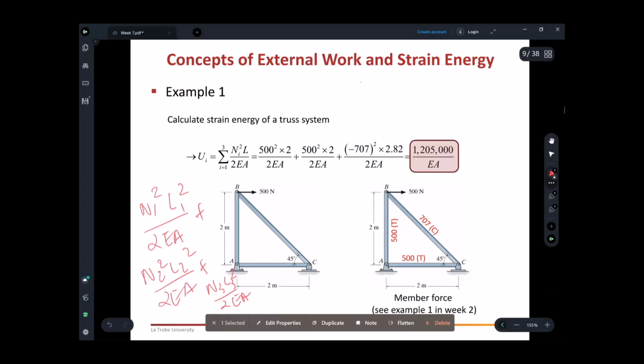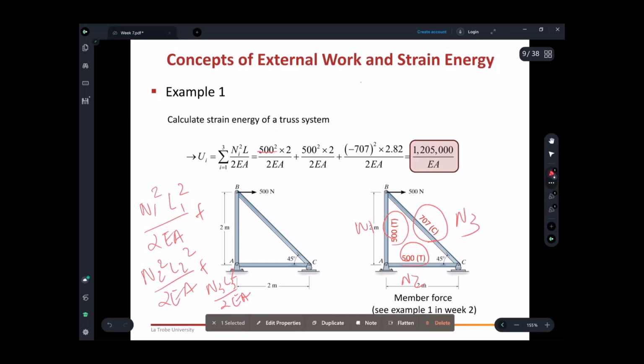You can calculate the reactions, and you use the joint method to calculate this 500 Newton tension force, 500 Newton tension force, 775 compression force. So you substitute those values. Let's say this is N1, this is N2 and this is N3.